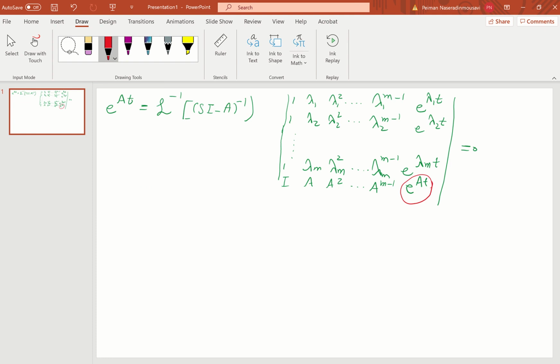Here lambda 1 to lambda m are matrix A's eigenvalues. So you can calculate the matrix exponential from this or from this. Understand?